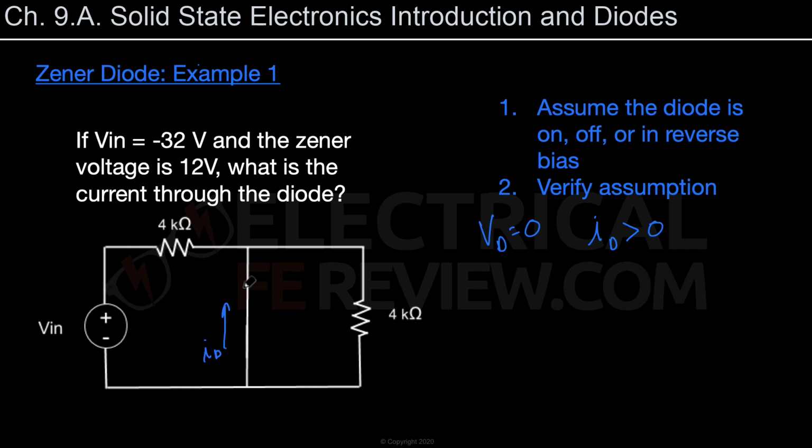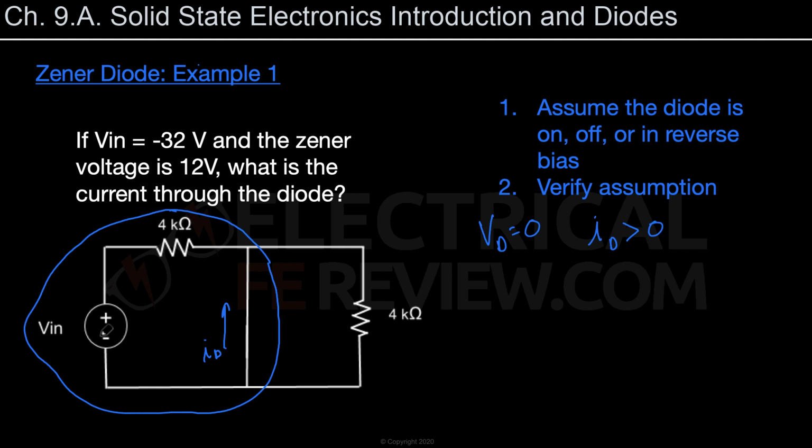So we'll use some circuit analysis to figure out what the current through here is. Well, if this is a closed circuit, we know that it bypasses this entire resistor. So if it bypasses that entire resistor, then we can just examine this part of the circuit.